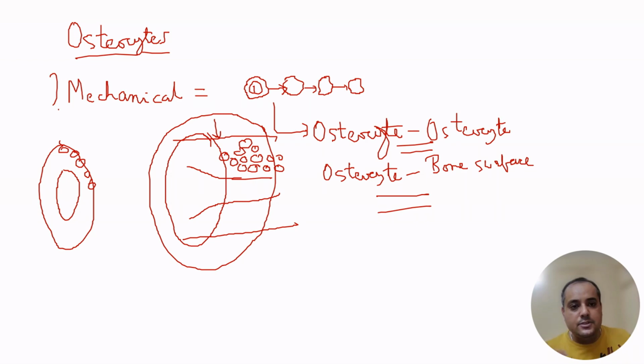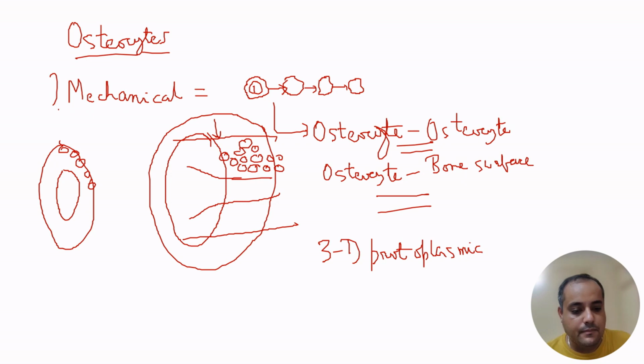Now these osteocytes are going to form ultimately a three-dimensional protoplasmic network. And with aging, this three-dimensional protoplasmic network deteriorates.